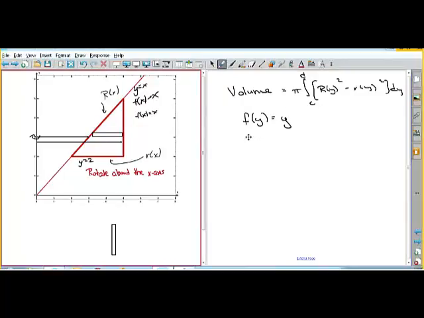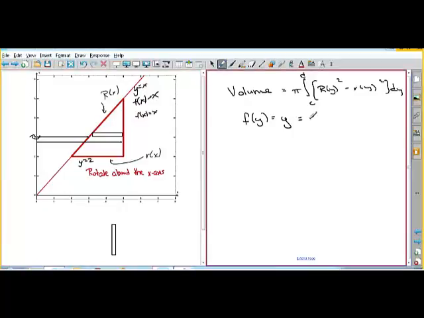That's the equation for the inner radius, which is small r of y. Capital R of y is x equals 5. We're saying x is equal to something: here x is equal to y, here x is equal to 5. So that's the outside radius.